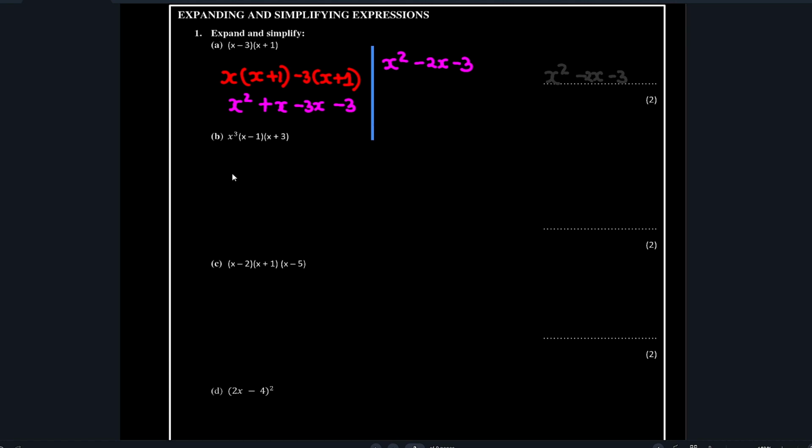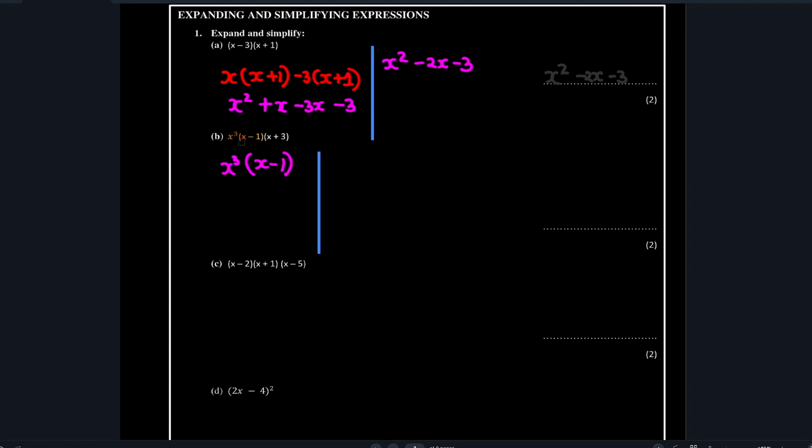In part B, we are given x cubed times (x - 1) times (x + 3). First you may decide to multiply x cubed into the second bracket, which is x minus 1, so that we can simplify or expand that first before going to the third bracket.